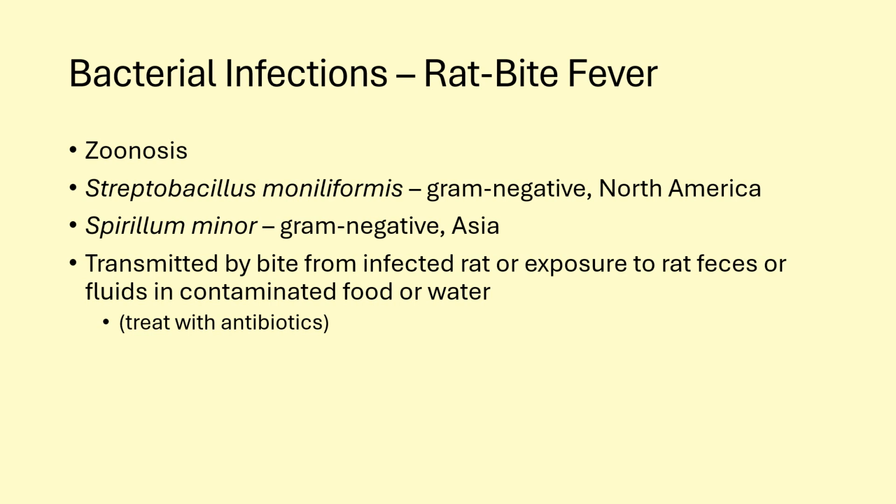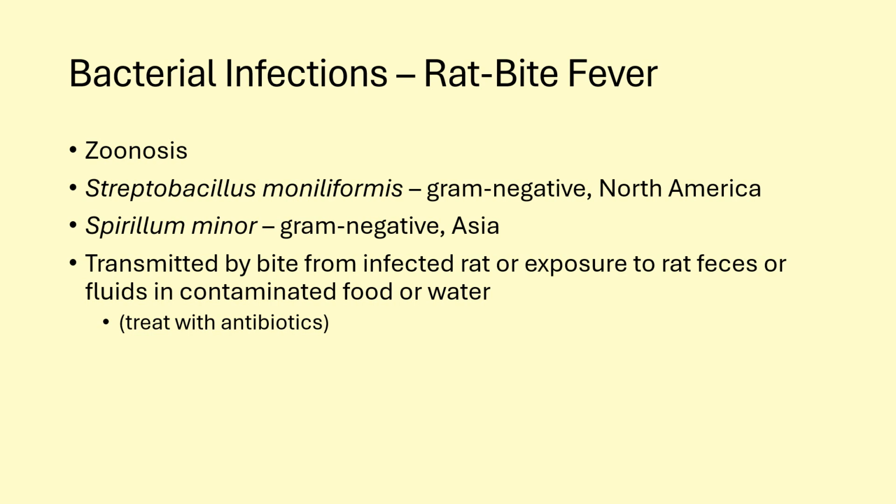Another bacterial infection is called rat bite fever. Once again, another animal-to-human transmission, so it's a zoonosis. The causative agent, Streptobacillus moniliformis, which is gram-negative, is what we tend to see here in North America. In Asia, we tend to see the causative agent is Spirillum minus, which is also gram-negative.